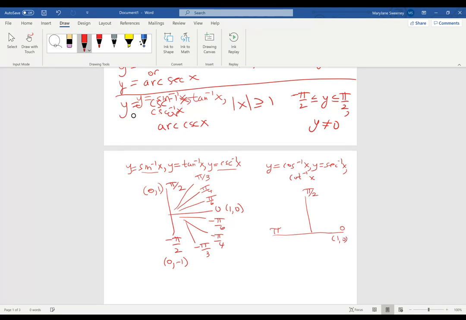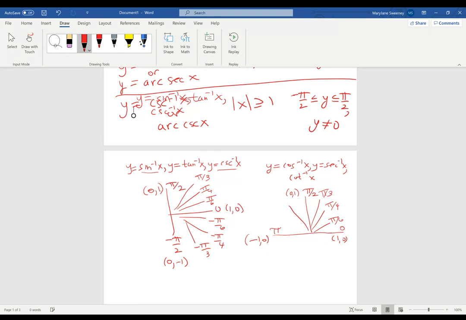So 1, 0, 0, 1, negative 1, 0. If these were the values, you'd give me 0 or pi over 2 or pi. Or if you're talking about an angle in one of the quadrants, that's your pi over 6, pi over 4, pi over 3.